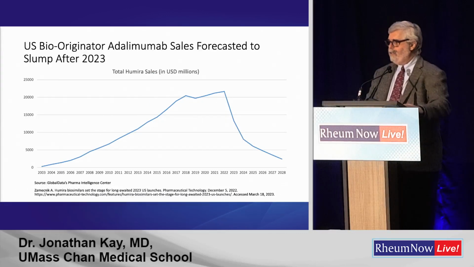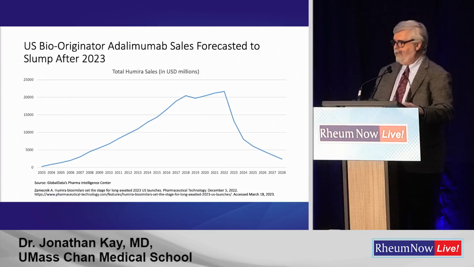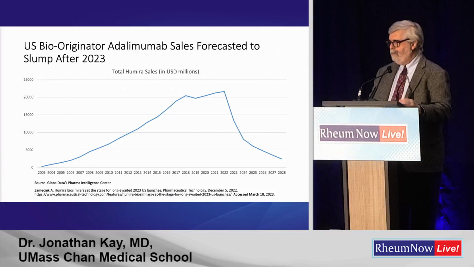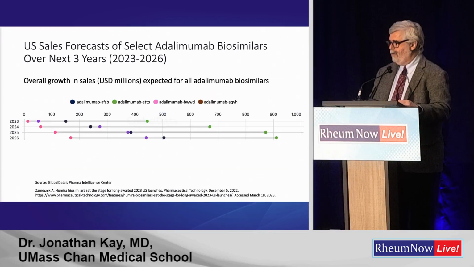The adalimumab sales have been forecasted to slump next year, so these have reached over $20 billion a year as of 2022. In 2023, they're estimated to drop to about only $10 billion or $8 billion, and then in 2024, they're going to drop even further.